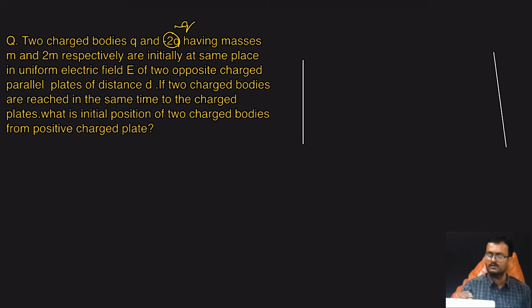Two charged bodies Q and minus Q having masses m and 2m respectively are initially at the same place. Suppose this is the initial position of Q and minus Q whose masses are m and 2m. This is the positive plate and this is the negative plate. Now minus Q is moving toward the positive plate and plus Q is moving toward the negative plate.